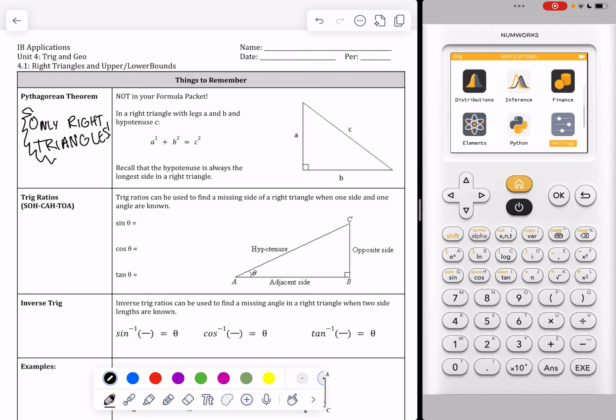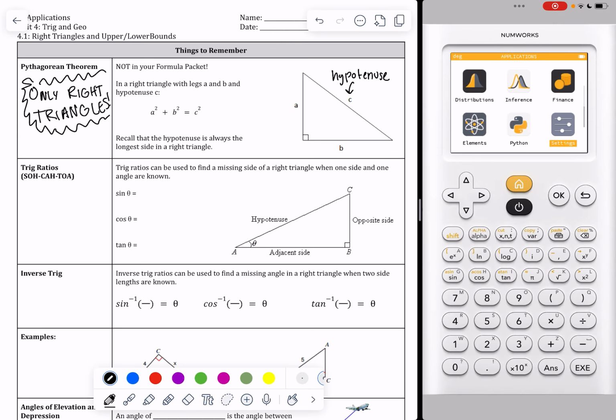All right. So a squared plus b squared equals c squared, recalling that our longest side, c, that is always going to be the hypotenuse.